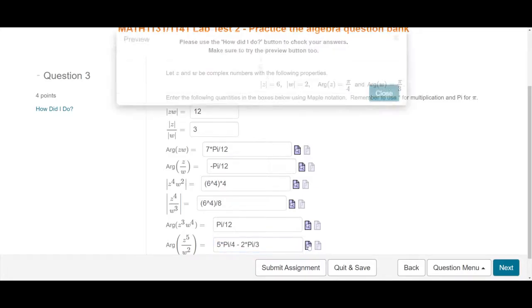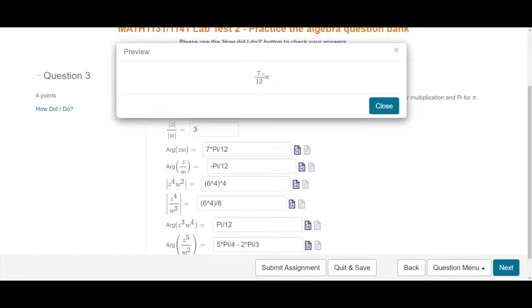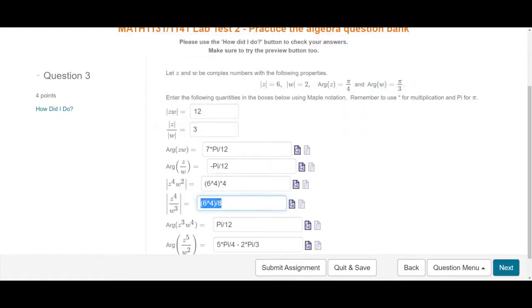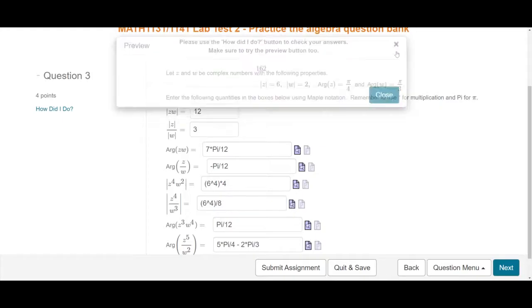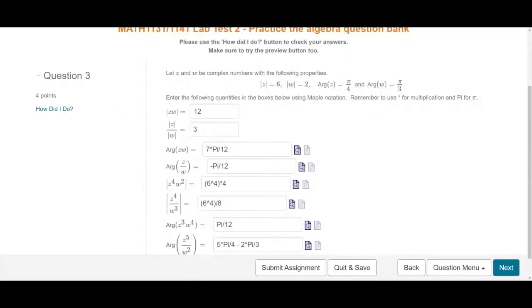But if I press it, see how it simplifies it for me? Same with this one, right? That's not actually simplified, but if I press the button, it simplifies it for me. So sometimes if you want to, you can just enter the non-simplified forms into the boxes and it'll actually simplify it for you. But let's go through the different parts.